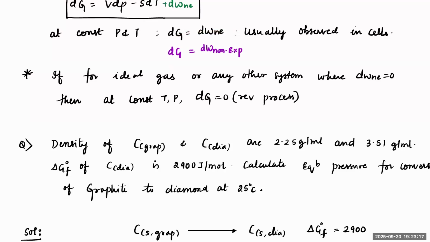But let's say we are talking about simple ideal gases, real gases, or anything like solids and liquids, where the non-expansion work is irrelevant. In that case, for a reversible process at constant temperature and pressure, dG will be equal to 0. Okay, change in free energy of the pure substances will be equal to 0. Understood?